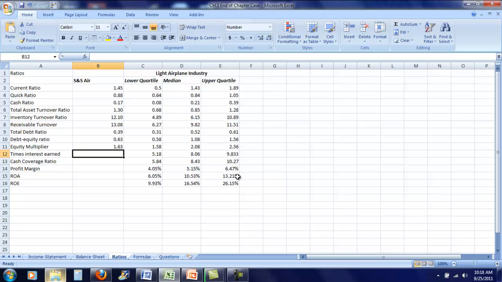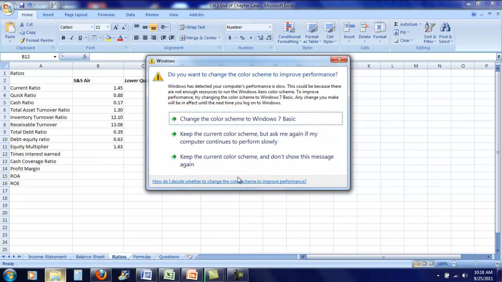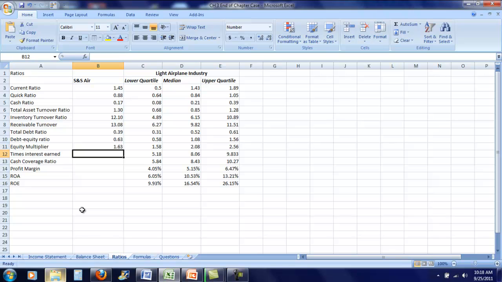Another common measure of long-term solvency is times interest earned, or TIE, T-I-E ratio. There's several possibilities, and this is a common ratio, but we're going to use EBIT divided by interest. So basically this is measuring how well a company can cover its interest obligations.